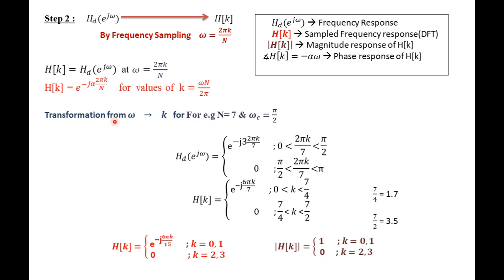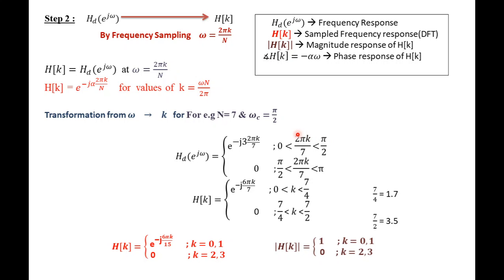The transformation from the omega plane to the k plane for the example given here is considered. So Hd of e power j omega equals e power minus j 3 omega, where omega is replaced by 2 pi k by 7 as inferred here.